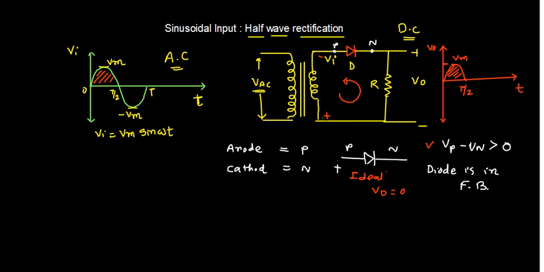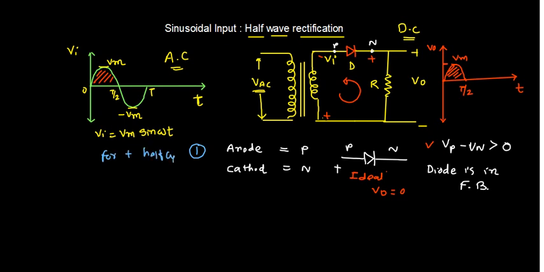During that negative half cycle, this is the plus terminal now. Now you see what is happening. If you compare this equation, Vp minus Vn, this condition will not be fulfilled. This is our first case for the positive half cycle.